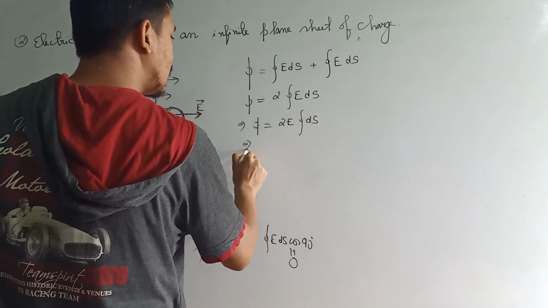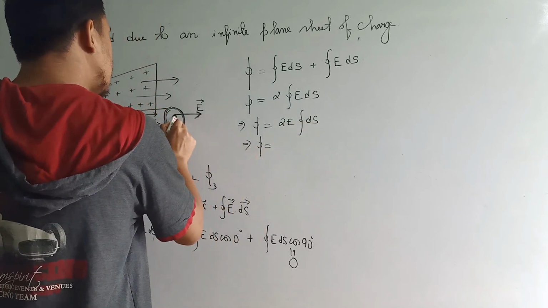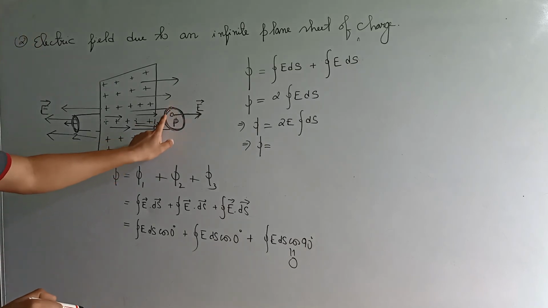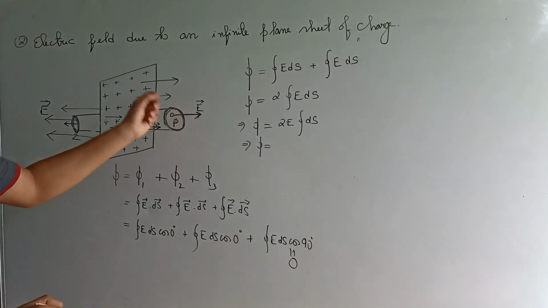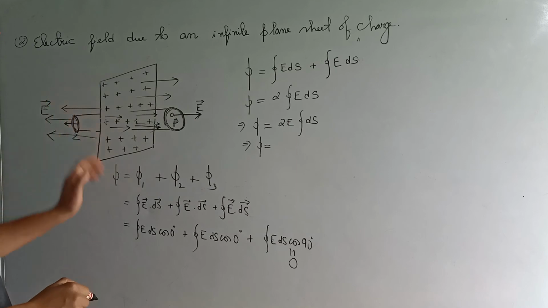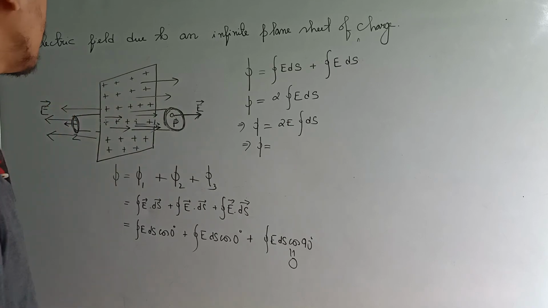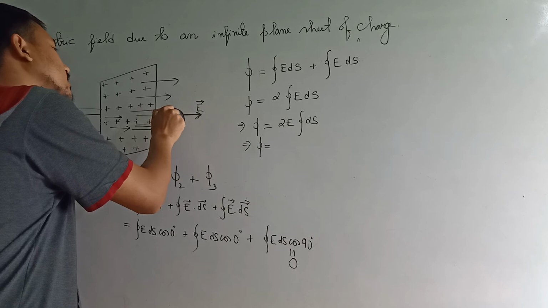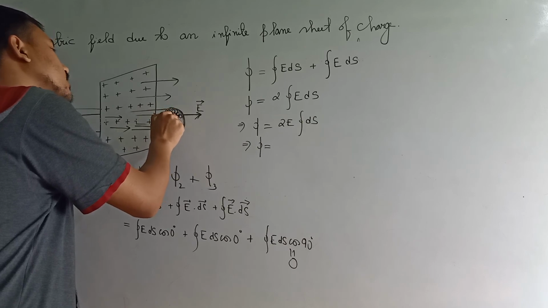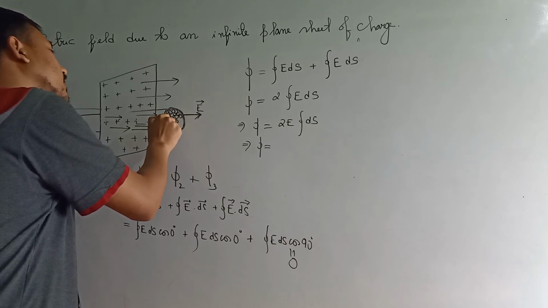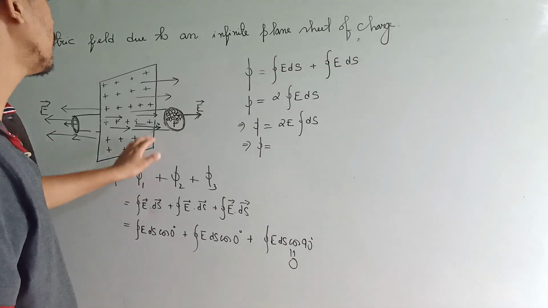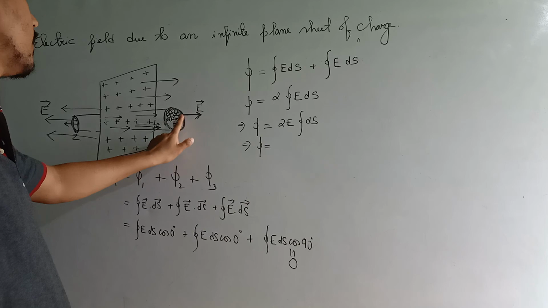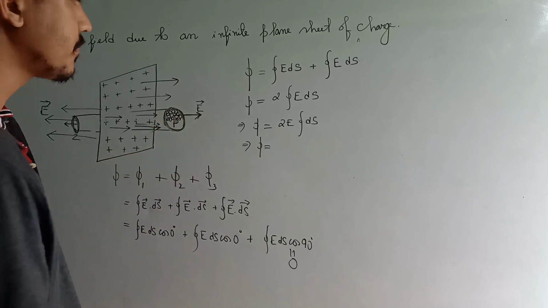What is integration of ds? ds means a small area element on the cross section of the cylinder. The entire cross section can be assumed to be made up of small areas ds, so if you add all those ds, that will give you the area of cross section of the cylinder.